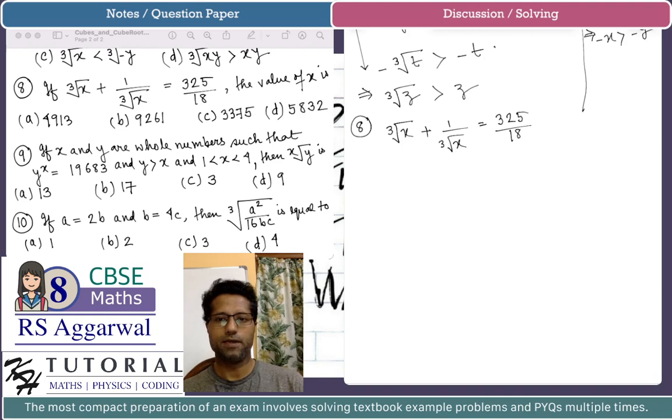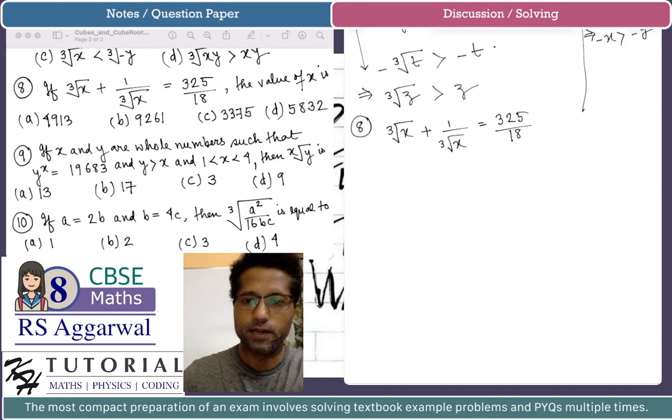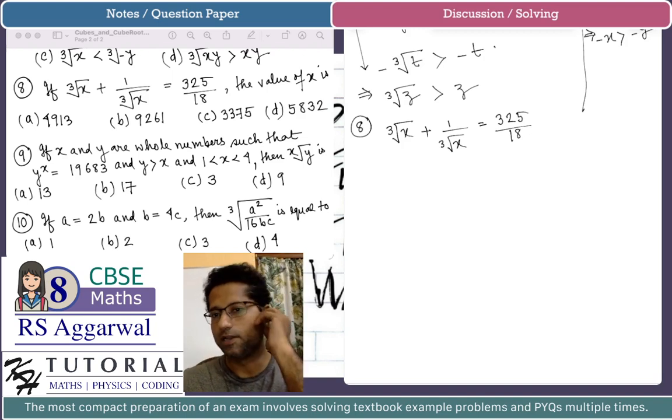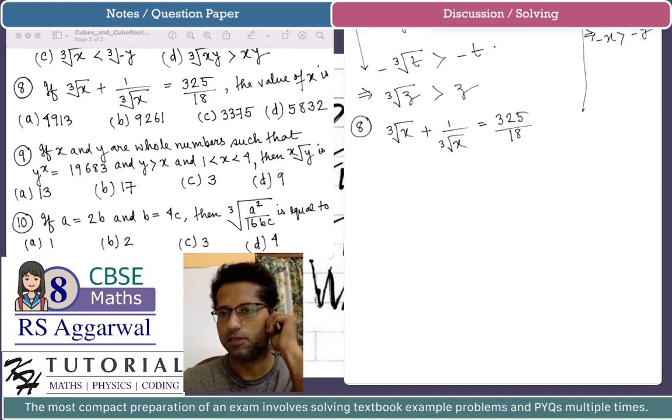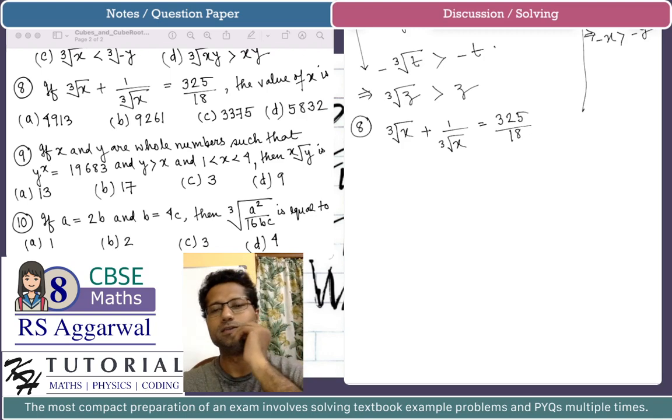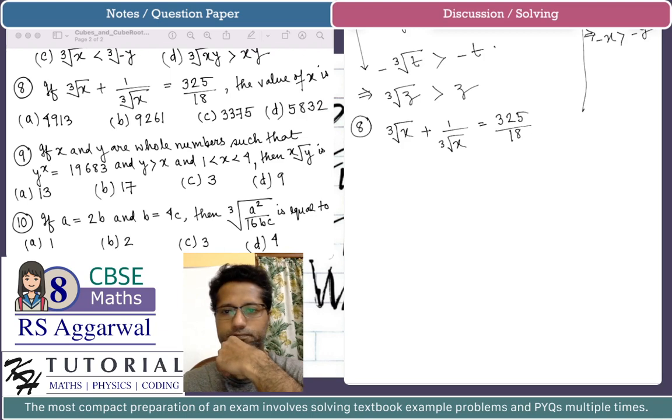Since on the left hand side we have cube root of x, if you take the whole cube of cube root of x plus 1 by cube root of x on both sides, the right hand side would be a lengthy task, because 325 cube is a very long number. So taking cube of both sides will be incorrect. We have to think otherwise.